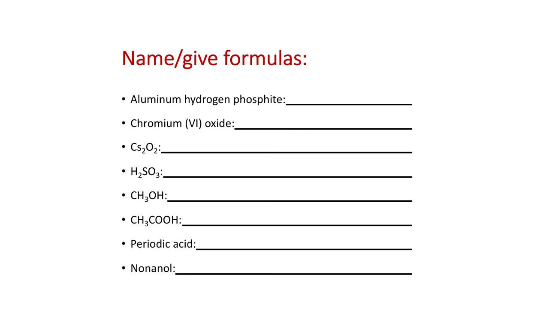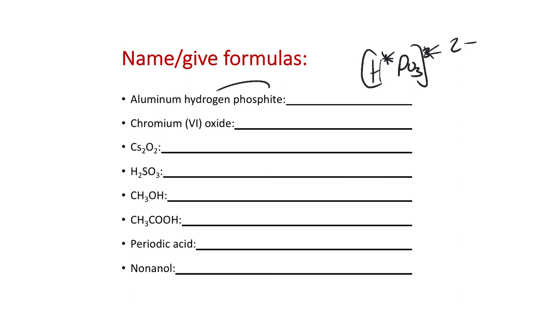A bunch of names here, I don't know if we have time to get through all of these, but let's look at some of the more interesting ones. Hydrogen phosphite is adding H+ to phosphite ion. So one H+ to PO3 3- gives us HPO3 2-.